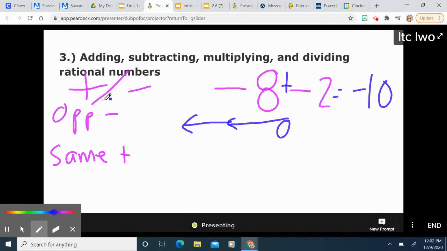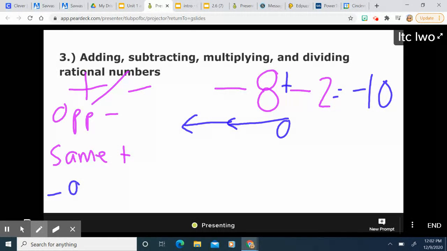If I go opposite directions, so for example, I should have made this a separate slide. That's okay. If it was -8 plus +2, then I would go back 8, forward 2. Now I'm going opposite directions, which means I need to subtract. Just because it says add in between here, we're not actually adding, we're subtracting.